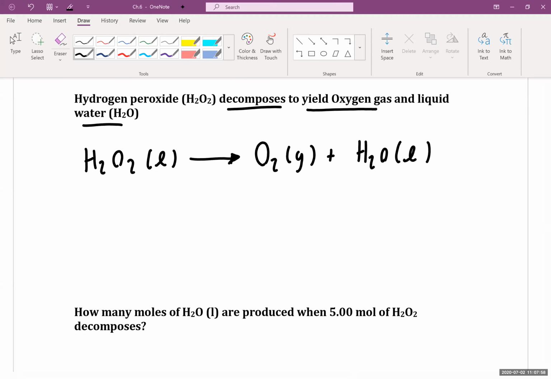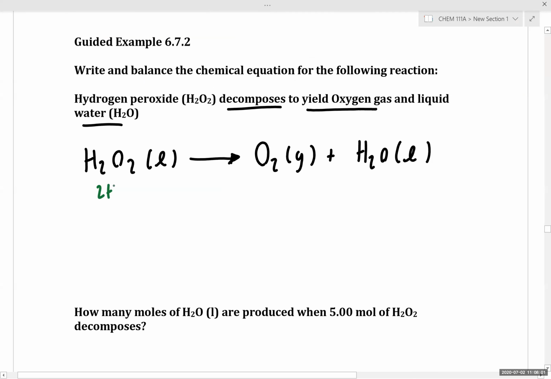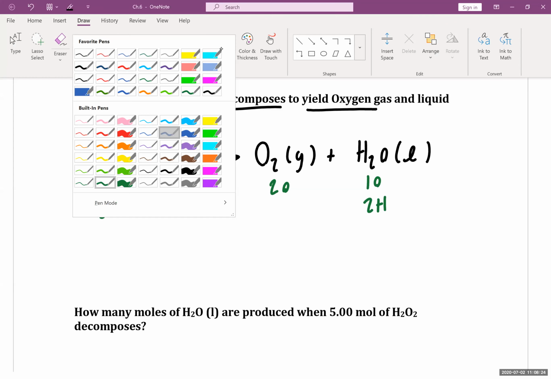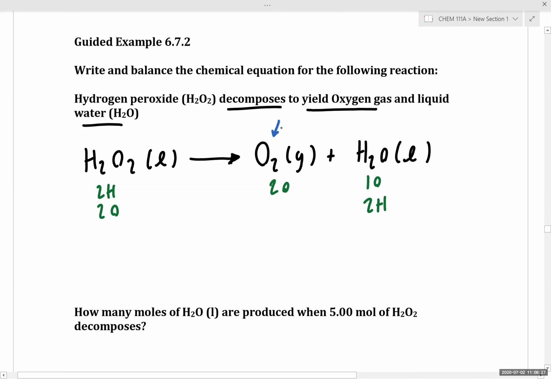Now, checking to see if my equation is balanced, I have 2 hydrogens and 2 oxygens on the left. I have 2 oxygens from oxygen, 1 oxygen from water, and 2 hydrogens from water. So ideally, instead of 3 oxygens total on the right, I want 2. So then we can use half notation because we have an isolated element. So what fraction times 2 would give us the 1 oxygen atom that we need?